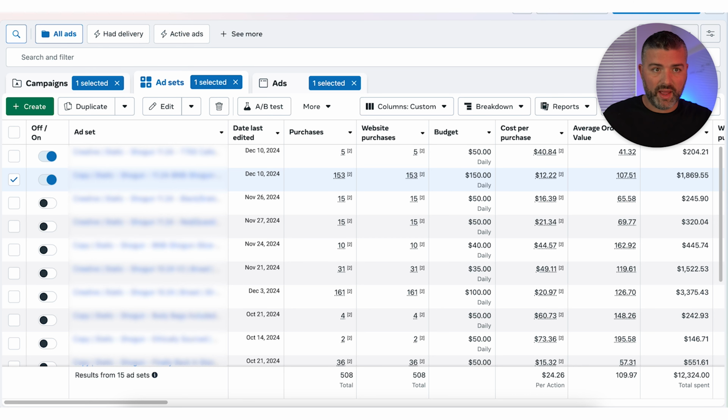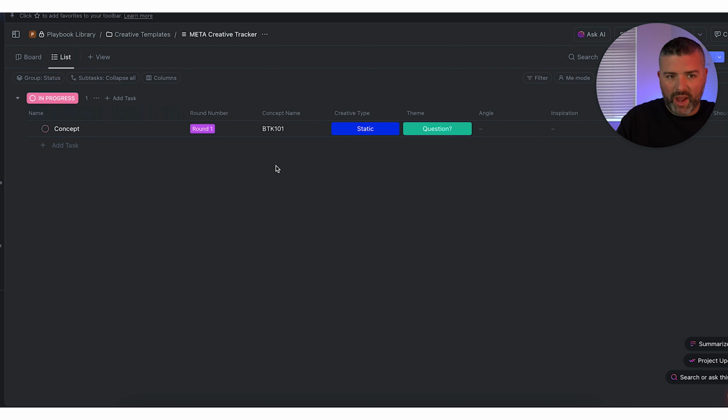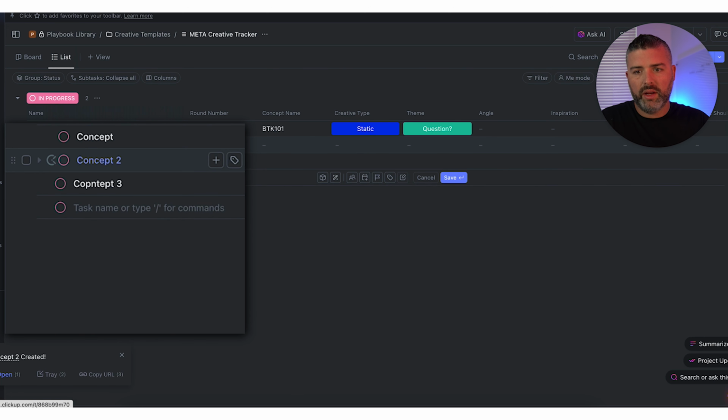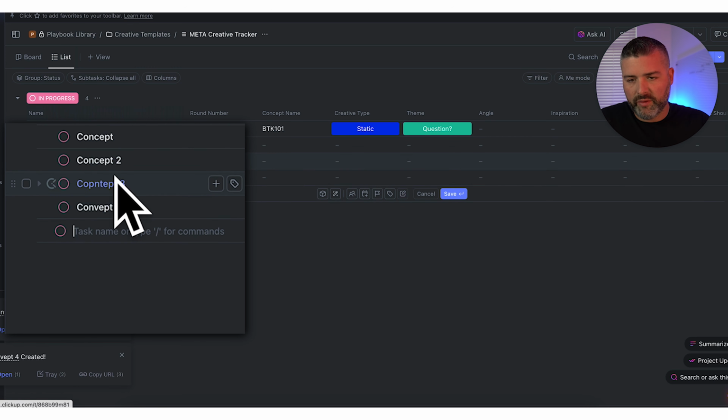Going deeper into that, we have a performance tracker. For our clients, the way we are able to test creative at scale, literally hundreds of ads every single month, is that essentially we have concept, concept 2, concept 3, concept 4, sorry for the spelling.